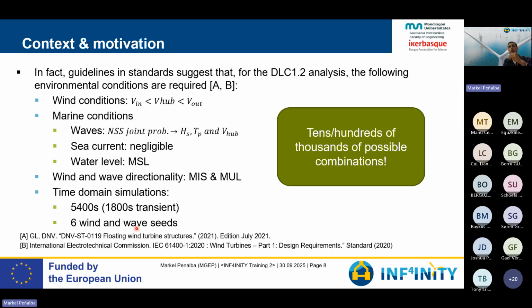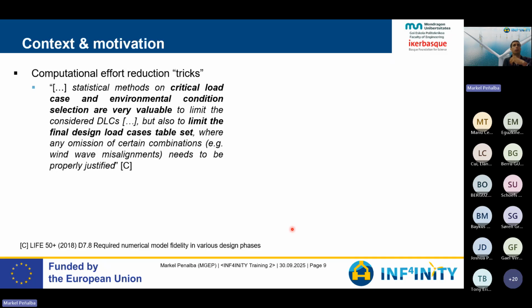So that leads to, as I said, tens and hundreds of thousands of possible combinations that we need to analyze with our time domain simulations. Considering that each of these time domain simulations runs quicker than real time or similar to real time, it means a lot of different combinations and therefore a lot of computational cost and time.